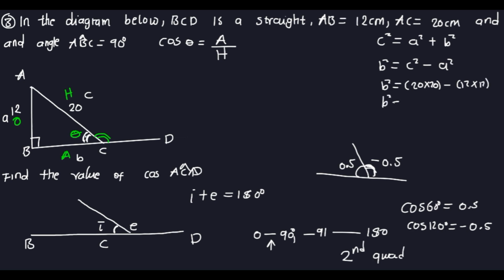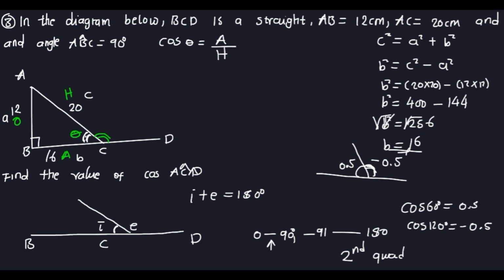So B squared is equal to 400 minus 144. So 400 minus 144 is 256. Then we find a square root. So the square root of 256 is 16. So the distance here is 16.